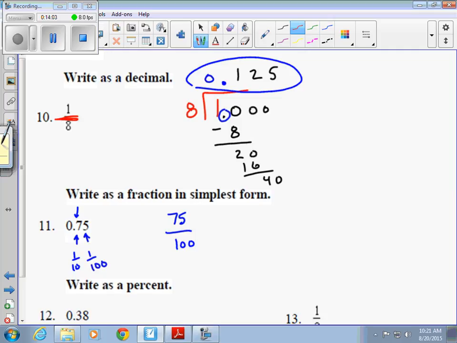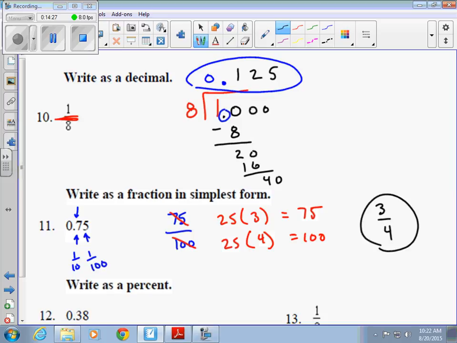The biggest number that goes into 75 is 25. 25 times 3 is 75, and 25 times 4 is 100. So when you reduce this fraction, it's going to become 3/4. And most of y'all know that 75% is 3/4. But just in case it's a number on a test that's not as simple as this one, that's the steps you use.